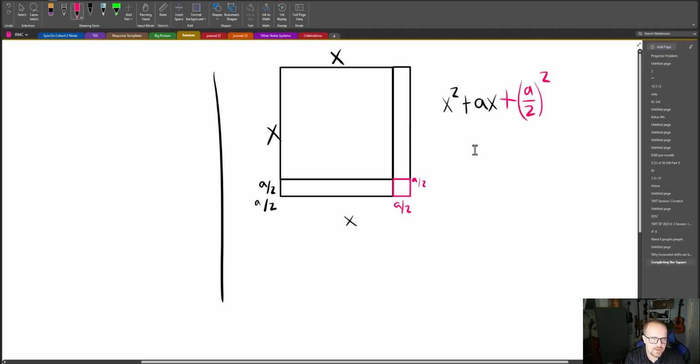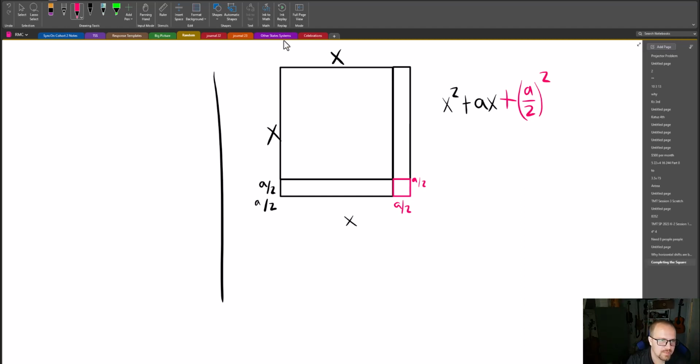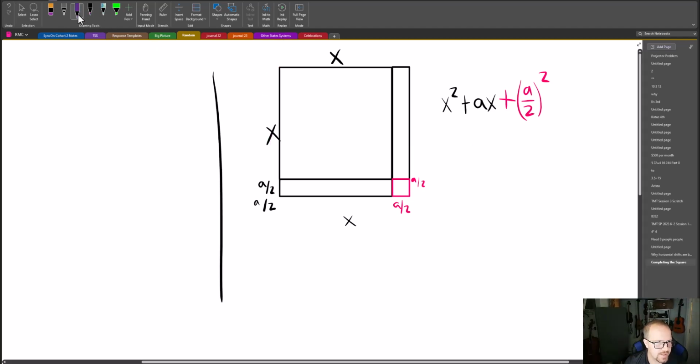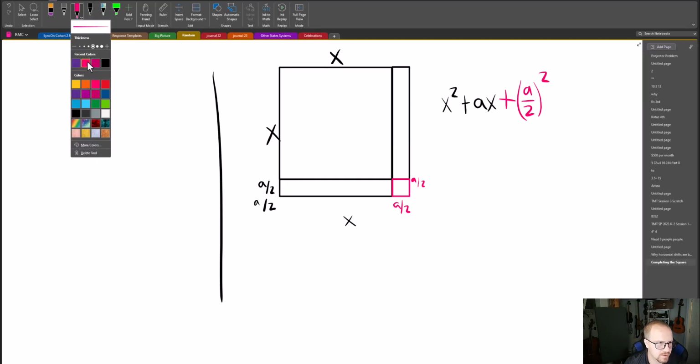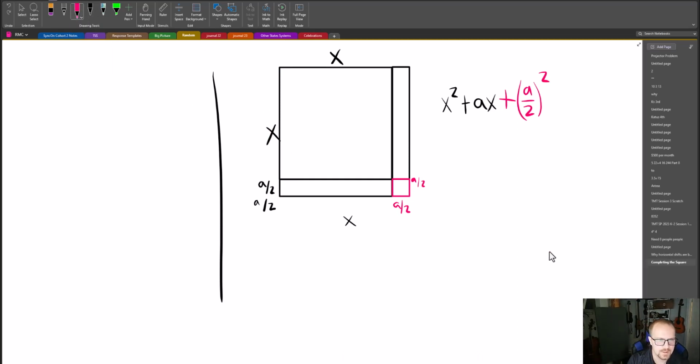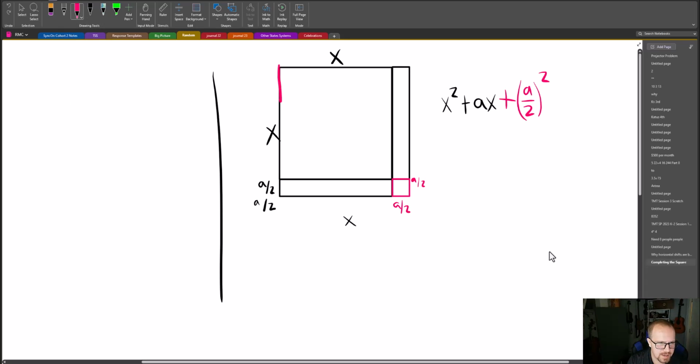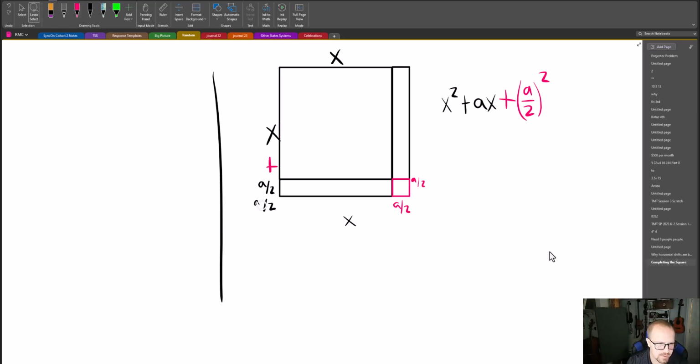Cool. And it turns out that this thing factors perfectly every time. We know that it will because now this is a perfect square. See that perfect square shape? So here's the way that this factors. And this is really slick. So what is this side length right here? Well, it's x plus a over 2. We have an extra a over 2 just hanging out. So this side of this square is x plus a over 2.